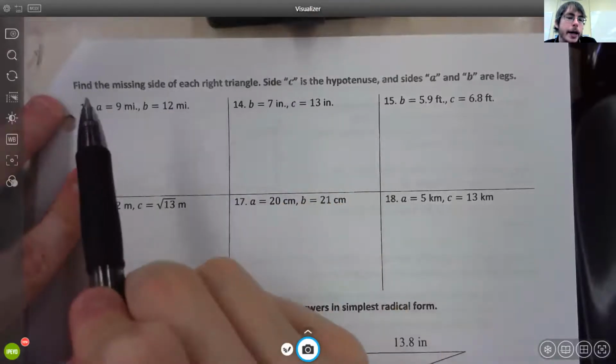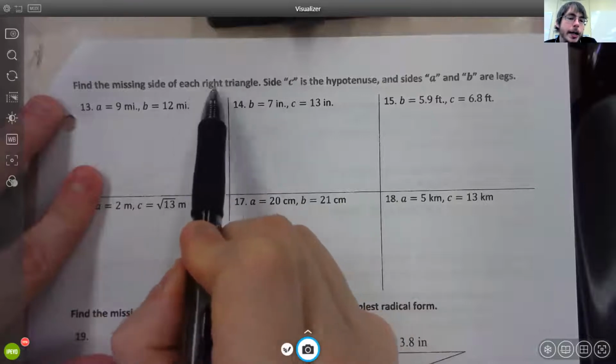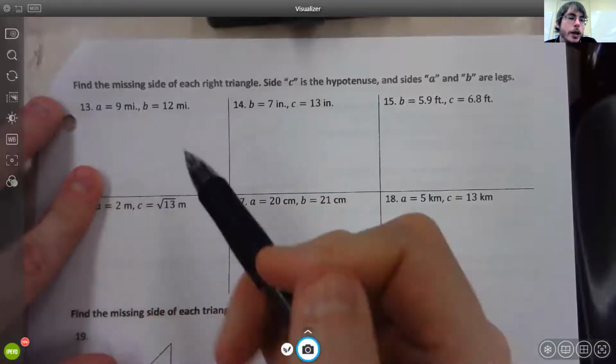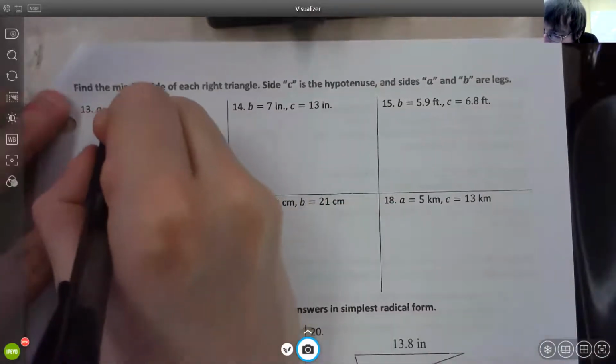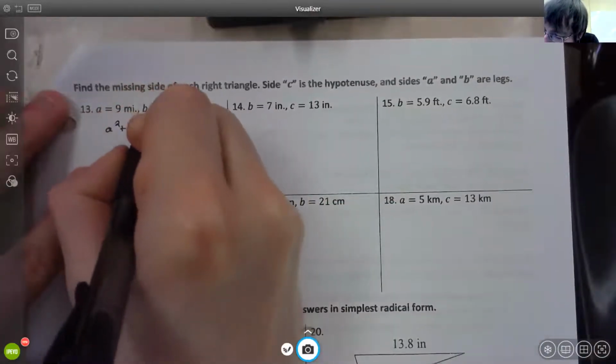Now, since these are right triangles, to find our missing side, we're going to have to use the Pythagorean theorem. So we have to use a squared plus b squared equals c squared.